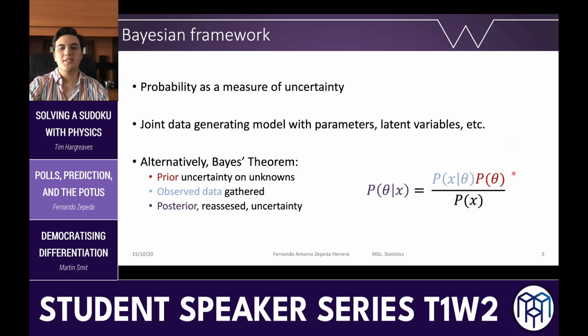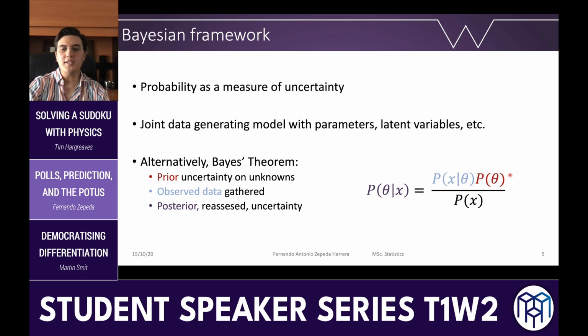We start with some prior assessment of our uncertainties upon the unknowns that we're interested in. And we want to reduce that uncertainty by gathering information in the form of data and proposing its own model, right? So this is our prior probability distribution, and our likelihood of data given the parameters or the unknowns.